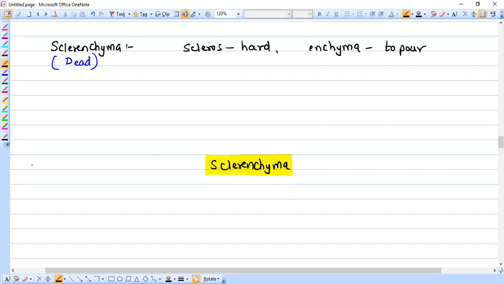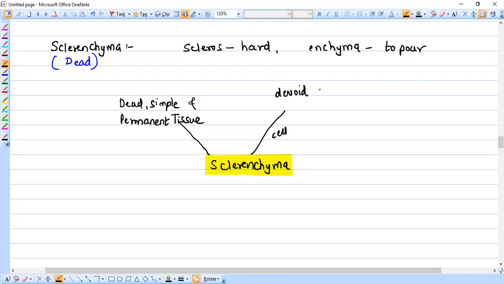As far as characteristics are concerned, very first, as I told you, it is dead. So I can say that Sclerenchyma is dead, simple, and it is permanent tissue. So we have dead, we have simple, and we have permanent tissue. When we talk about Sclerenchyma, I can say that this cell is devoid of protoplasm.